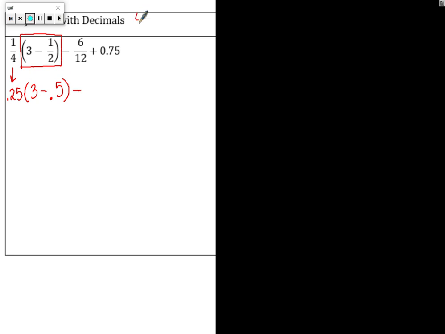Now, I know that 6/12, if I divided both those by 6, I would get to 1/2. Well, wait, half is worth 0.5. Then I have plus 0.75. Now that I've changed them to decimals, I'm able to solve the problem.